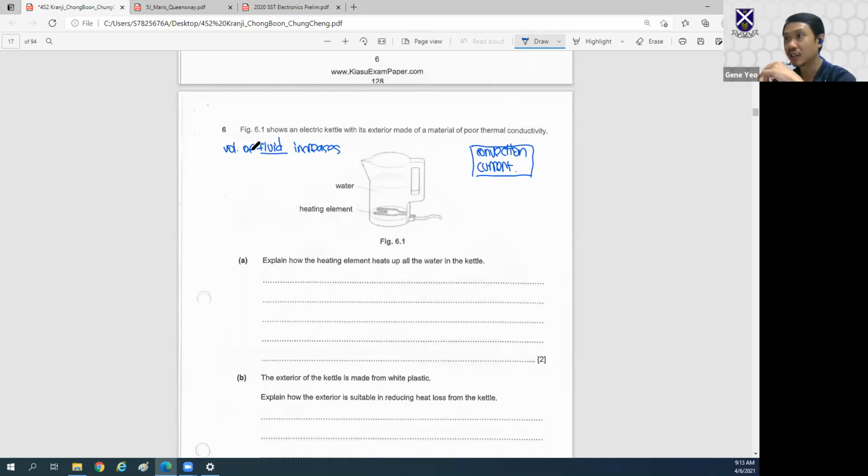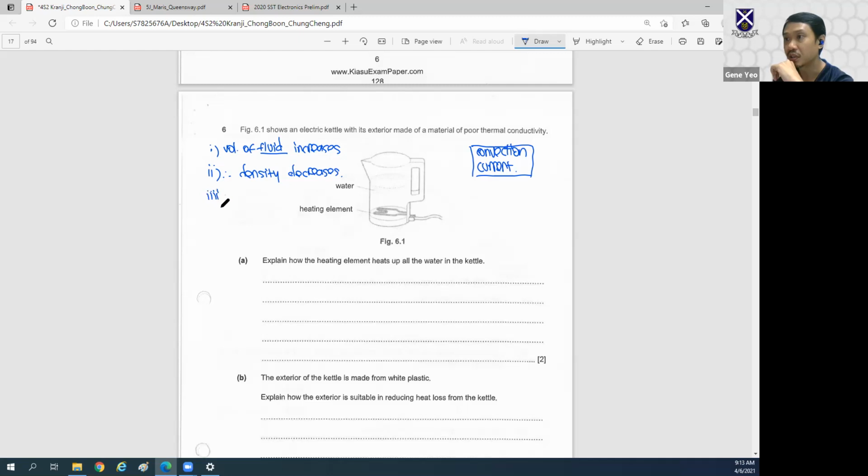Okay, so I got to see this, the volume of whatever it is increases. Okay, so that's step one. Step two, therefore, the density decreases. Okay, so bring in density as well.